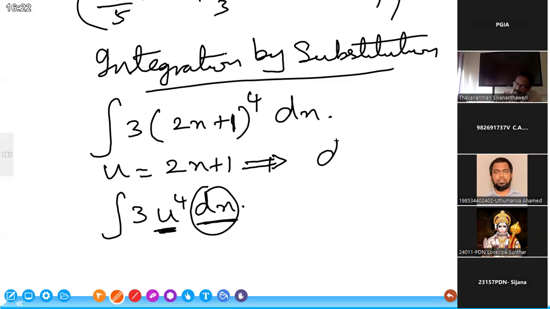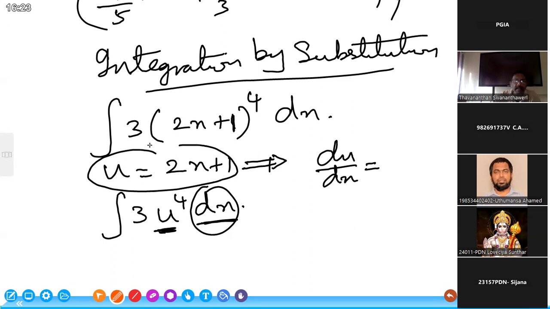So du by dx is equal to... what is the derivative of that? du by dx is equal to 2. So from that, we could say dx is equal to du by 2. Can we write it like that?